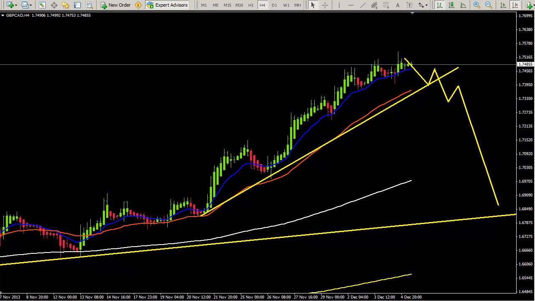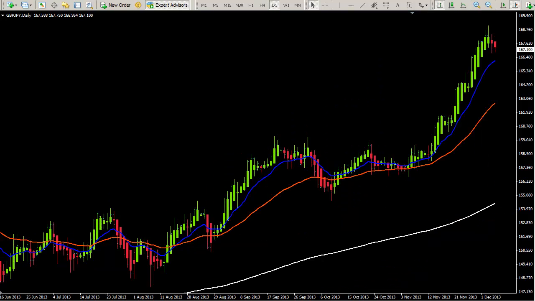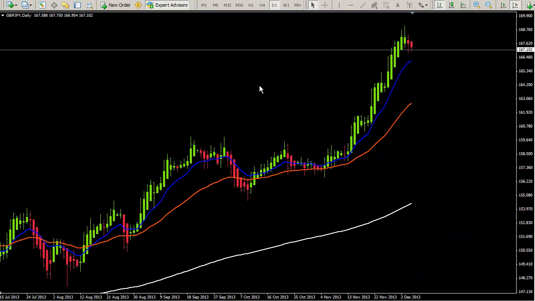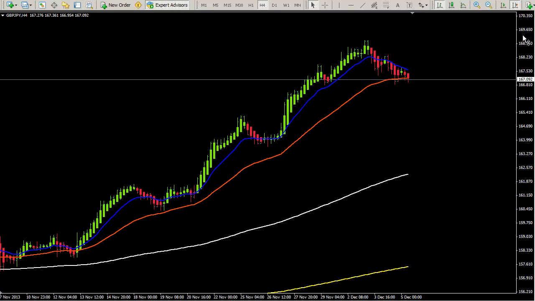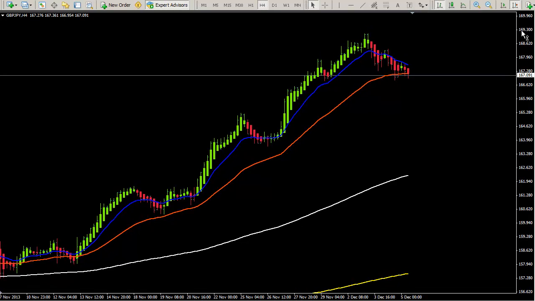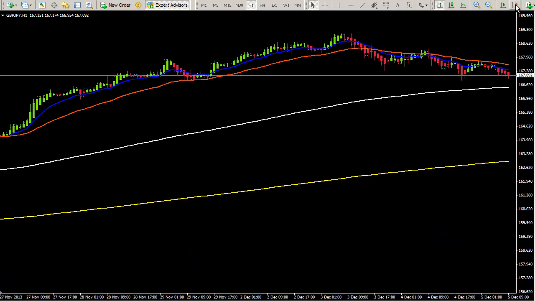Okay. GBP JPY. Is anybody in the room right now who has still the long here? Did anybody hedge this up? I got a few emails, but I have to check who sent those. Let me check also the 1 hourly chart, see what happened here.